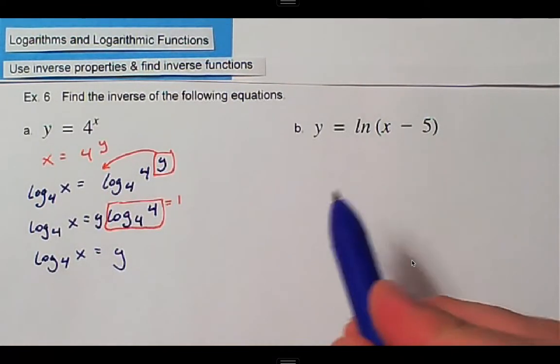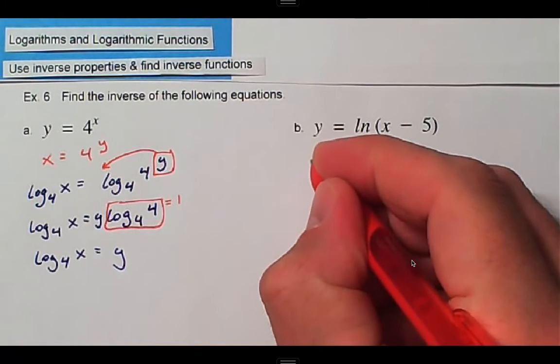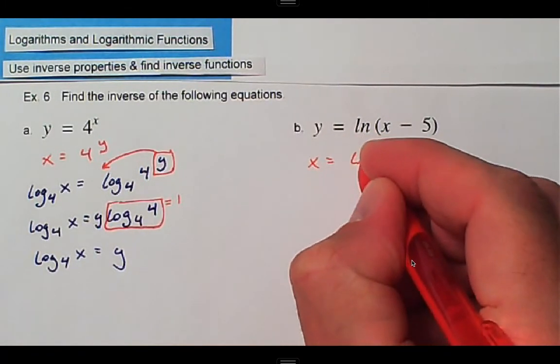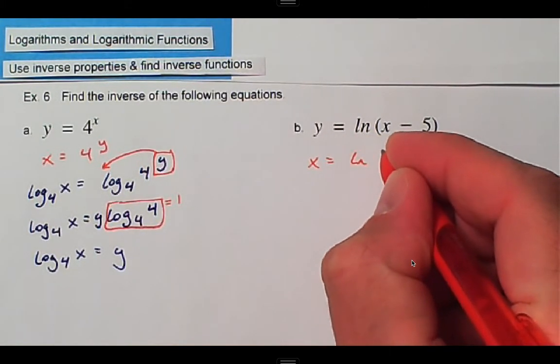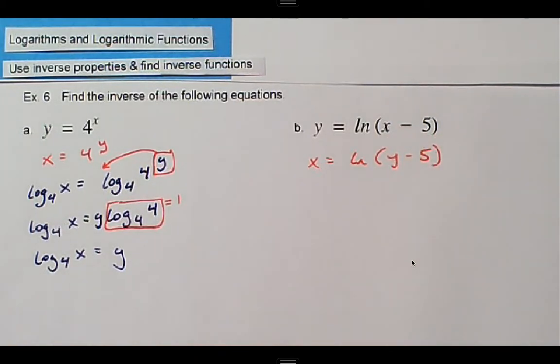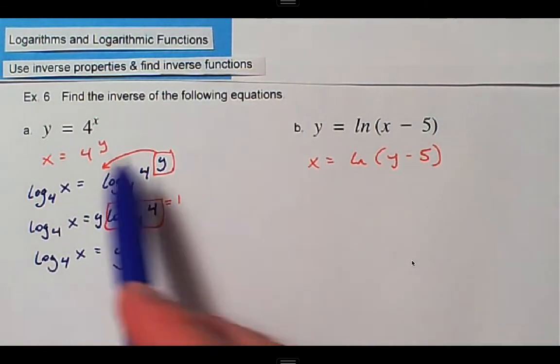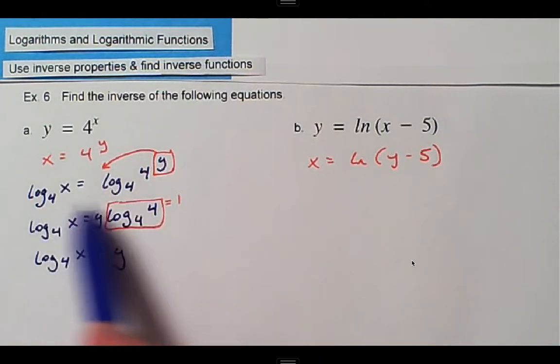Over here on the right, we're trying to find the inverse, so we have to switch the x and the y. So x equals natural log of y minus 5. Now we already have the natural log on this side, where over here we had an exponential, so we added the logs.